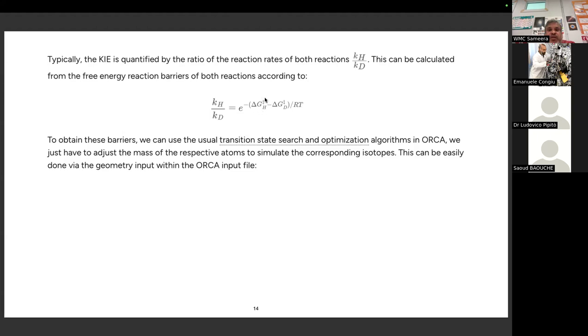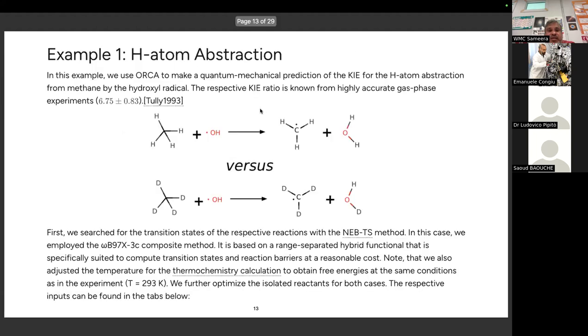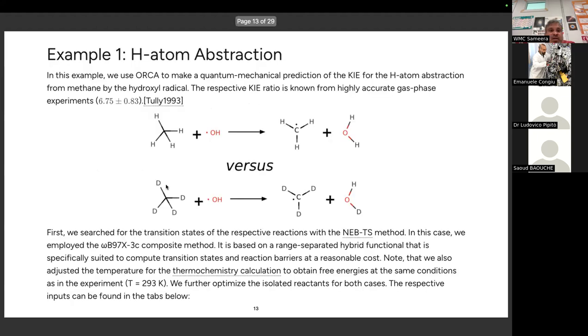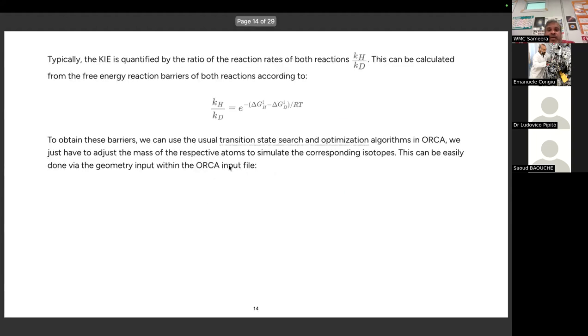So we want to get the free energy of the reaction barrier with the hydrogen here, and then the free energy barrier of the reaction with deuterium substituents, and then you can simply use this equation and get the kinetic isotope effect.